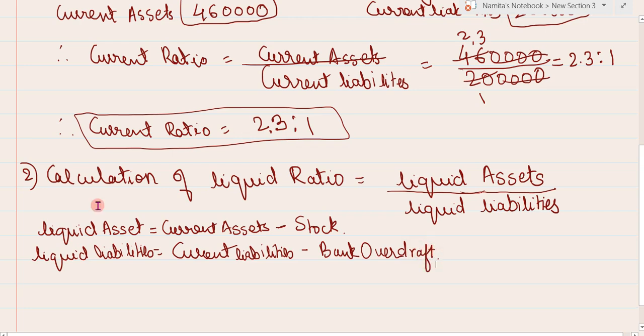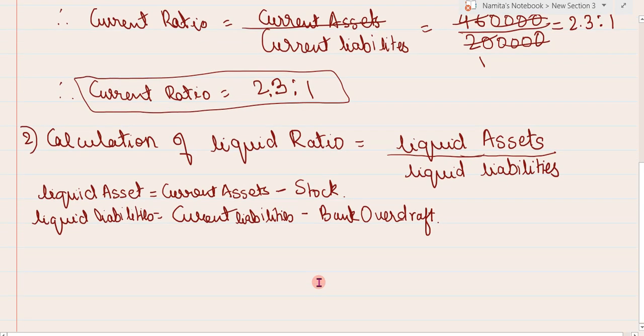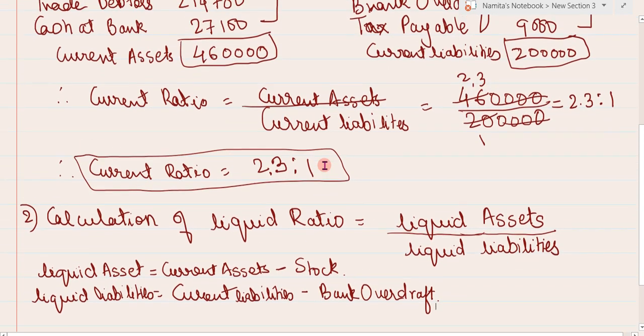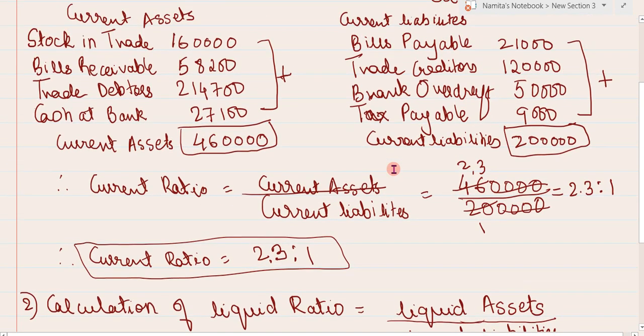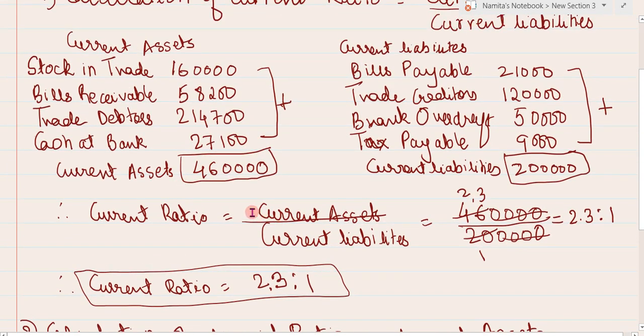Okay, so for calculation of liquid ratio we need liquid assets upon liquid liabilities. Liquid assets are current assets minus stock, and liquid liabilities are current liabilities minus bank overdraft. Now we have the total of current assets.